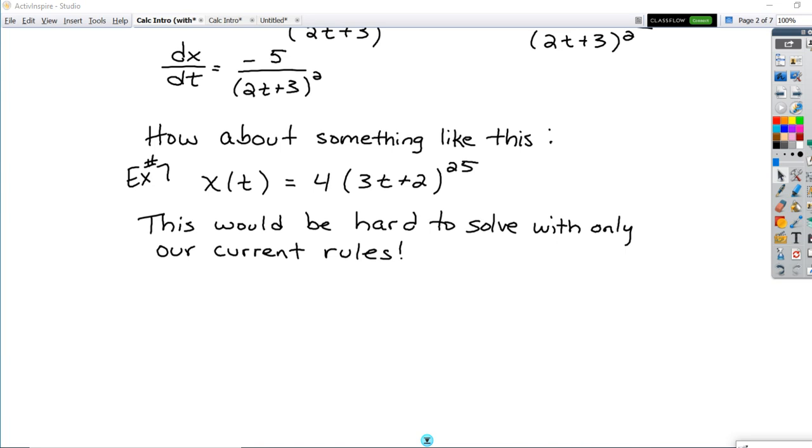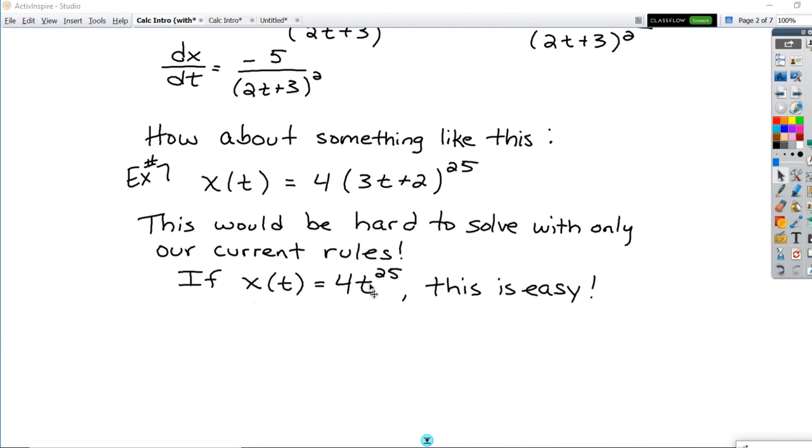Now, first let me show you that if this was rewritten a little bit differently, it'd be a different function, but if it was written just slightly differently, it would be a pretty simple problem to solve. If inside the parentheses, instead of having this linear function, 3t plus 2, where you have a sum and multipliers in there, let's just say what was in parentheses, let's set that equal to t.